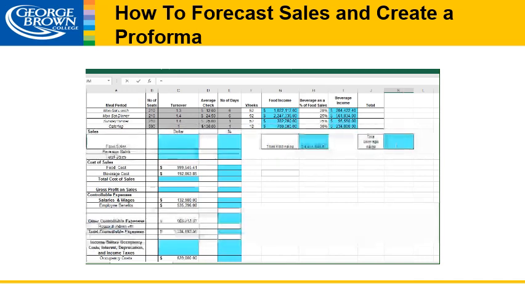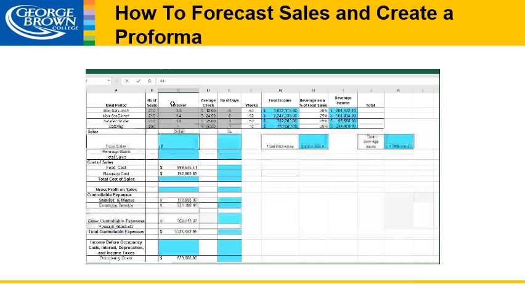We can do the same with our beverage. There we are. Okay, so we're projecting in beverage sales, we're going to sell $1,095,806.40. Now we can take these two numbers and plug them into our Proforma.